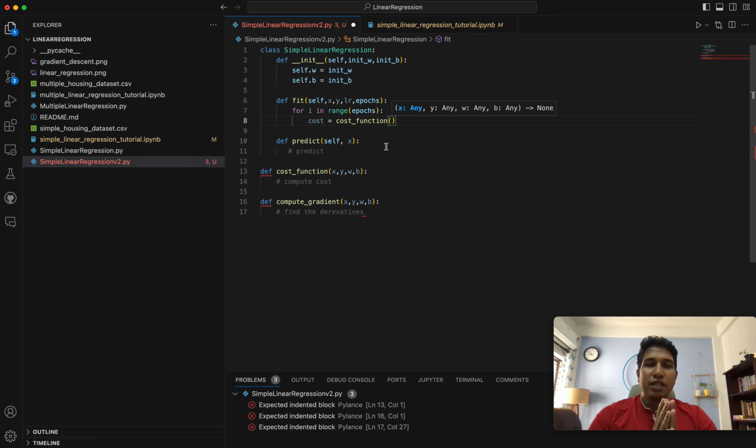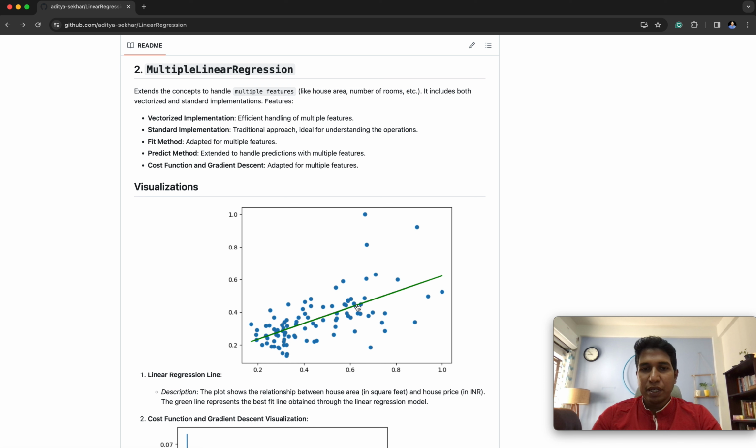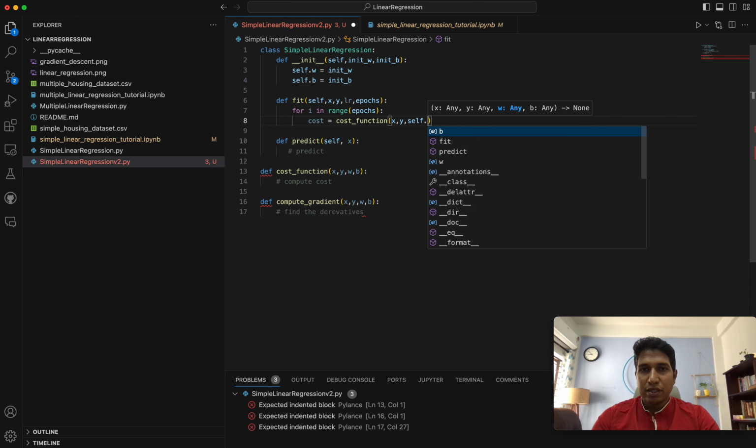If we are trying to make a prediction for this point, it's so far from the line, right? So this is the cost, and we use something called mean square error cost. So we need x and y from the arguments, and self.w and self.b. That way we get our cost.